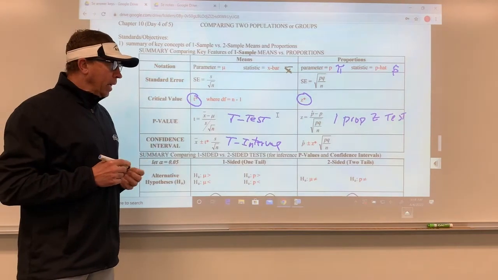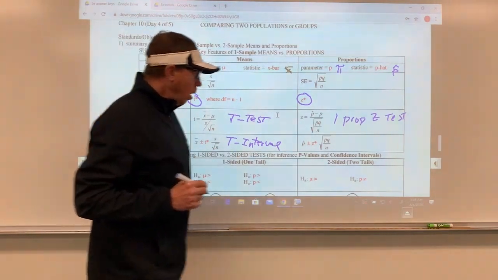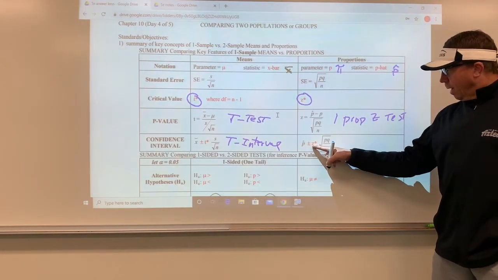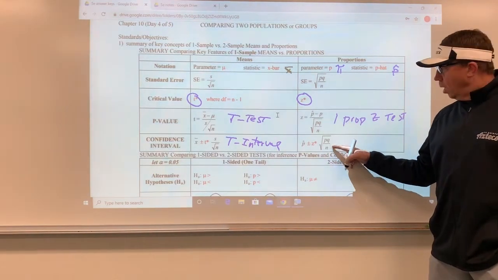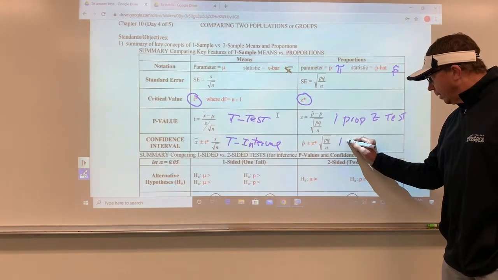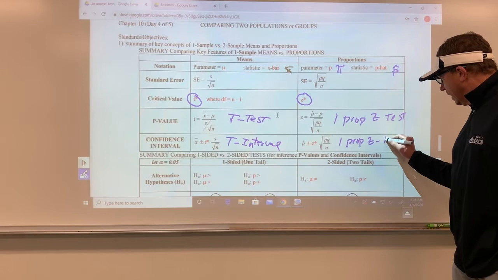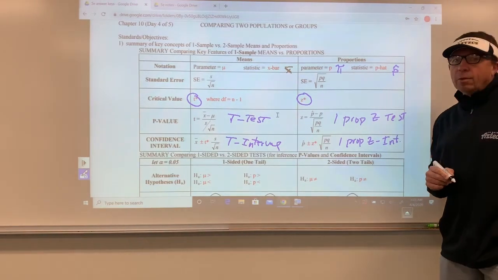Most of my classes have Texas Instrument calculators, and that's their verbiage. All right, and on this one, it's going to be p hat plus or minus z star times the square root of p, 1 minus p, called q, over n, and that's probably going to be done on the Texas Instrument calculator, 1 prop z interval, okay?